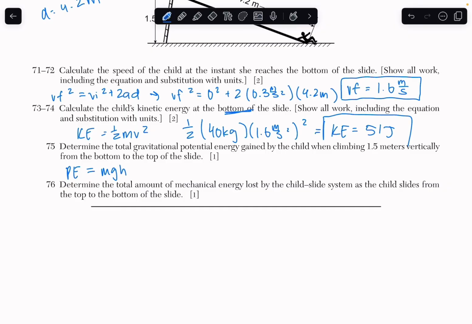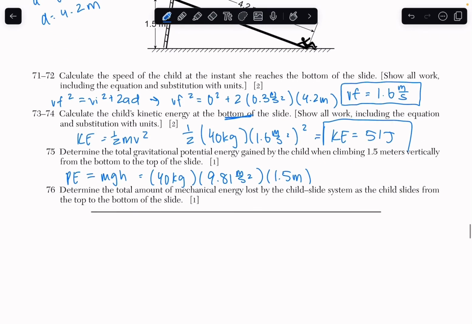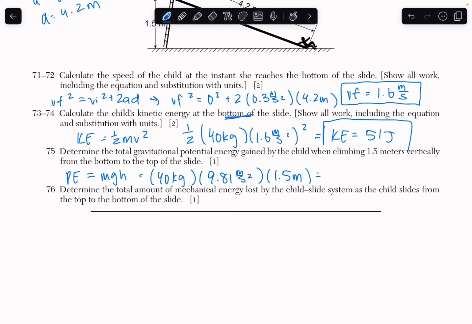So in this case, that's going to be 40 kilograms times 9.81 meters per second squared times the height of 1.5 meters. And you're going to get an energy of 588 joules.